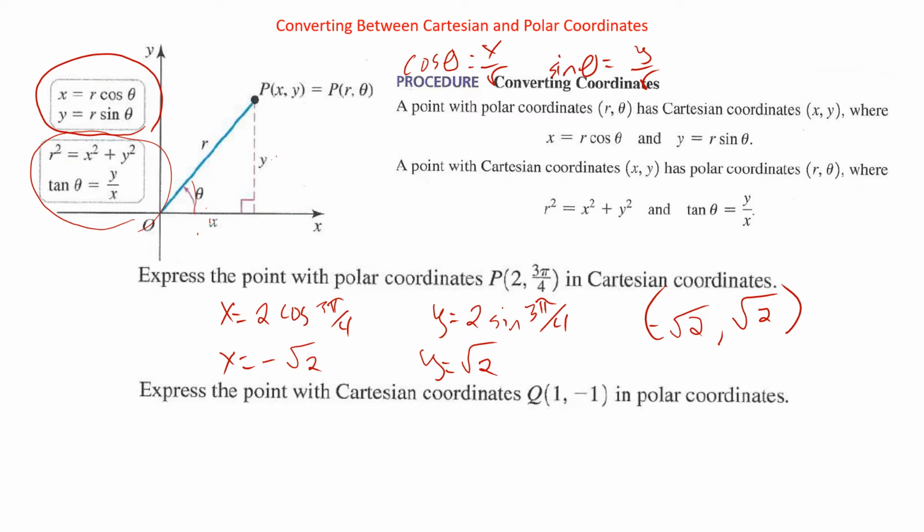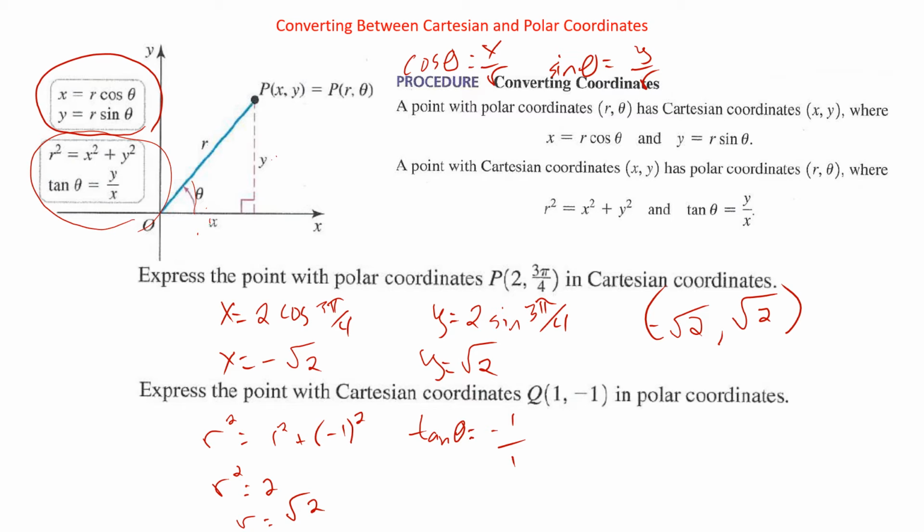Going backwards, we have 1, negative 1, so r squared will equal 1 squared plus negative 1 squared. So 1 plus 1, r squared equals 2, so r will equal root 2. And then tangent of theta equals negative 1 over 1, so it equals negative 1.